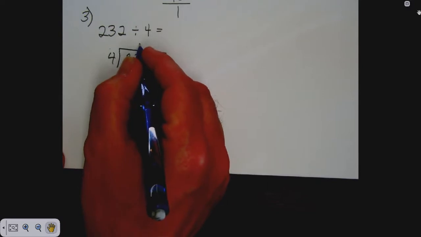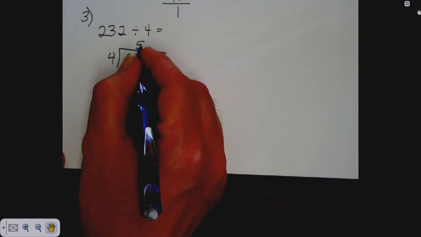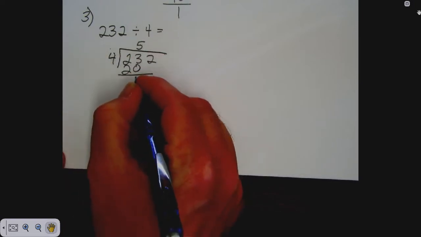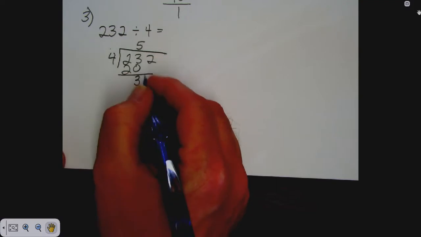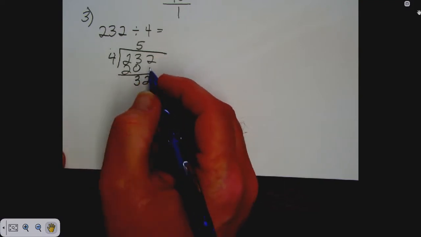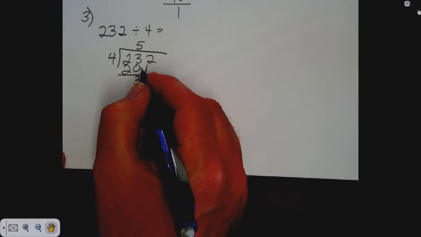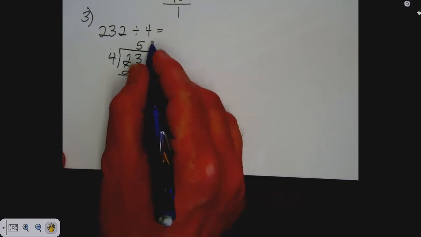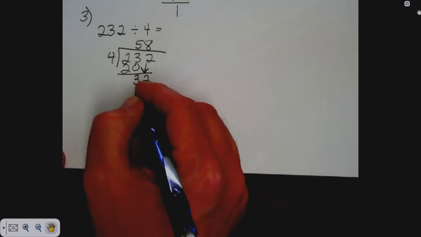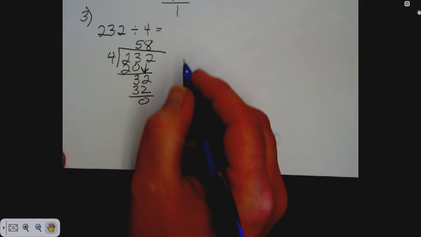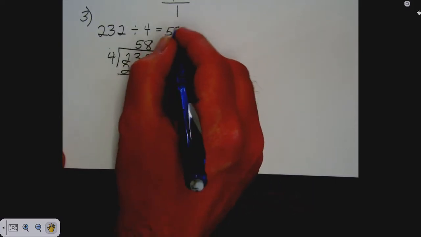It goes in there 5 times. 5 times 4 is 20. That leaves us with 3. We get to bring down the 2. And does 4 go into 32? Yes, 8 times 4 is 32. And we get a remainder of 0. So our answer here is 58.